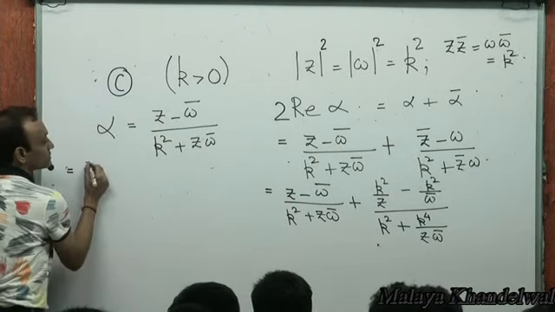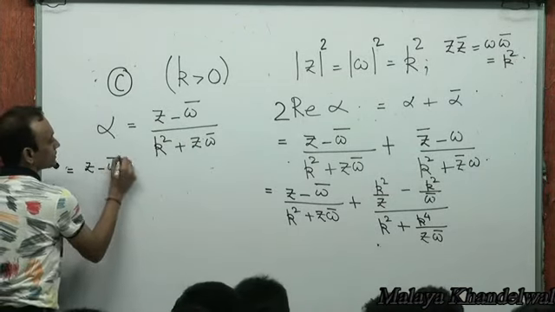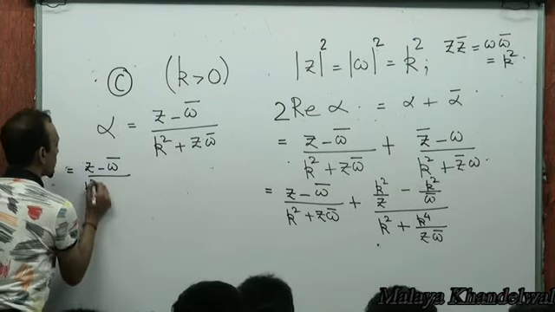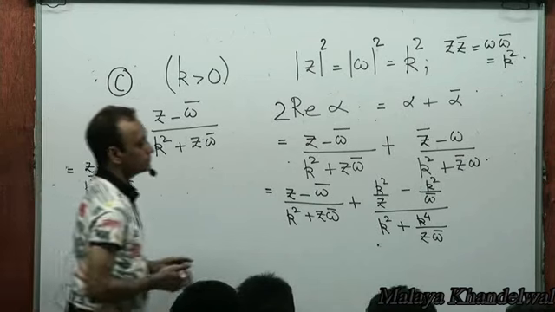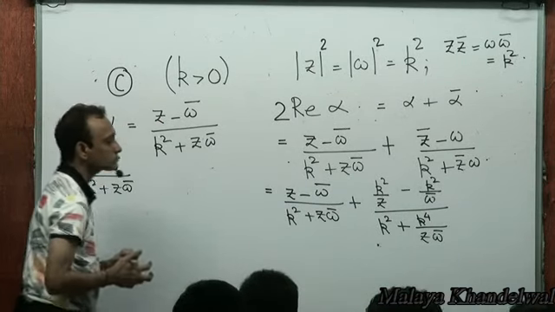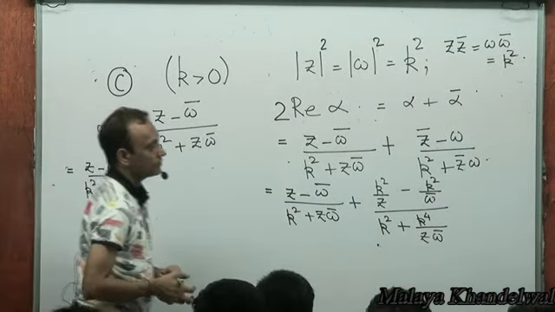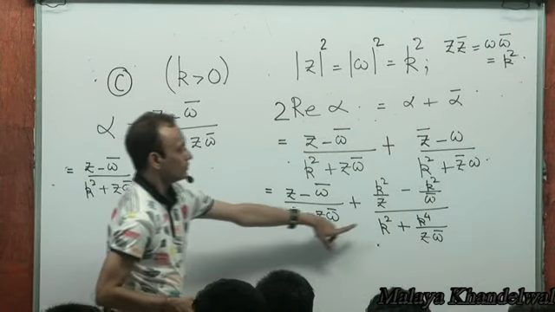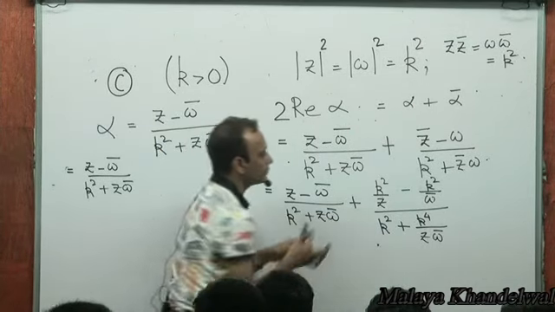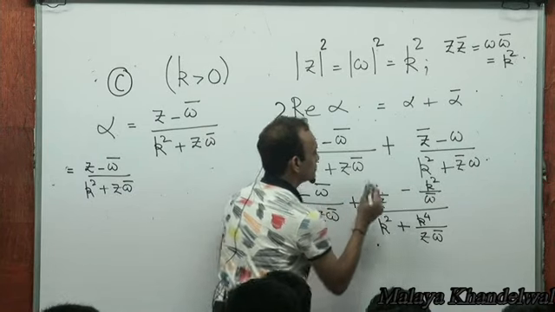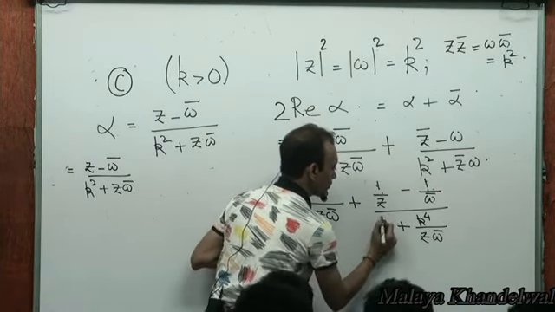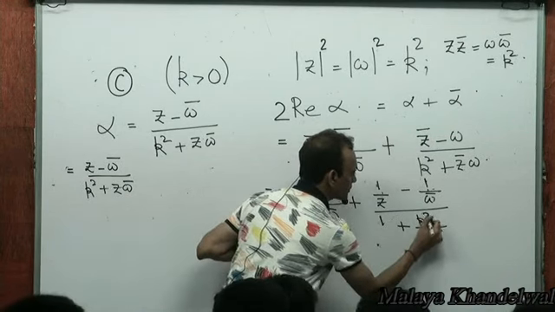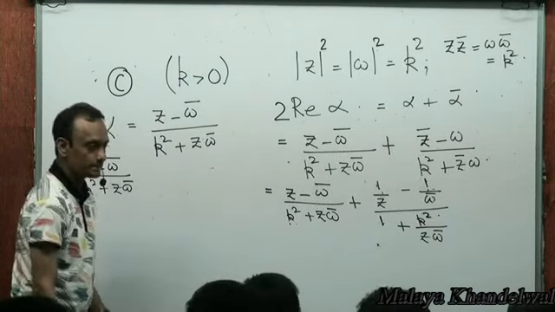Which is z minus omega bar divided by k squared plus z omega bar, and this will come here, this k squared would get cancelled, this will become k squared, right?